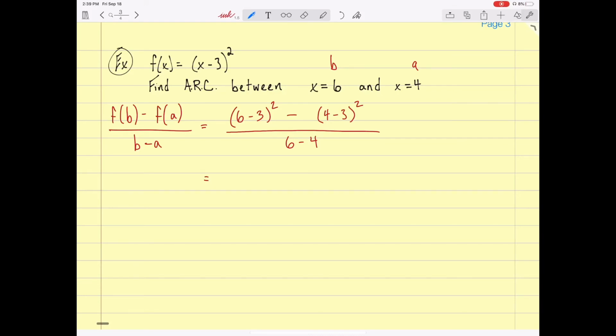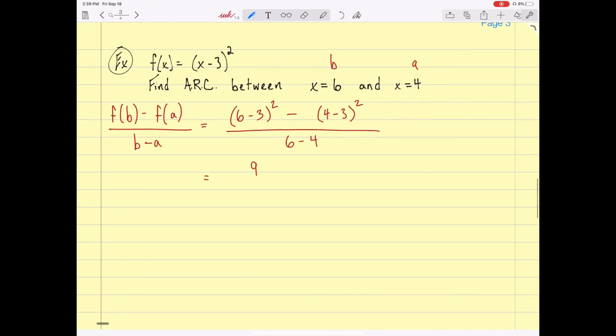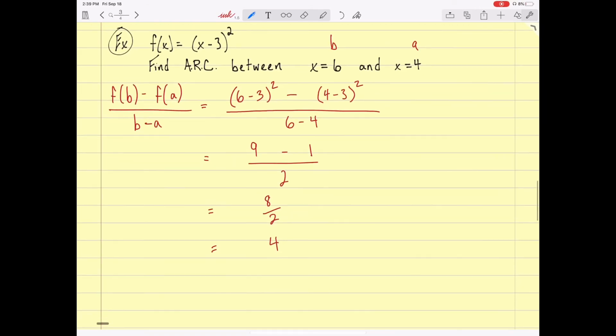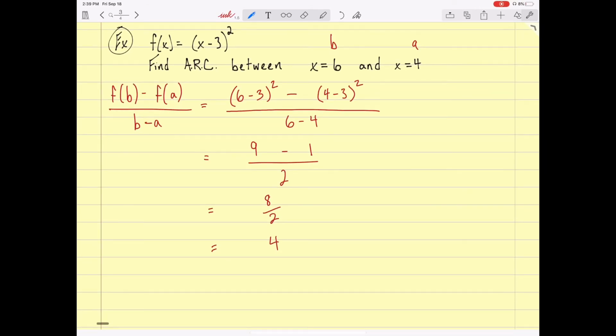So 6 minus 3 is 3, squared is 9, 4 minus 3 is 1, squared is 1, divided by 2. So this would be 8 over 2, or 4. So the average rate of change between 6 and 4 is the value 4. So 4 is the slope value of the secant line.